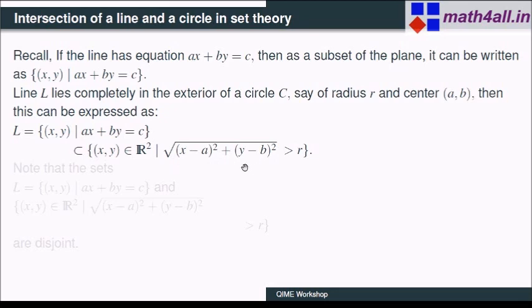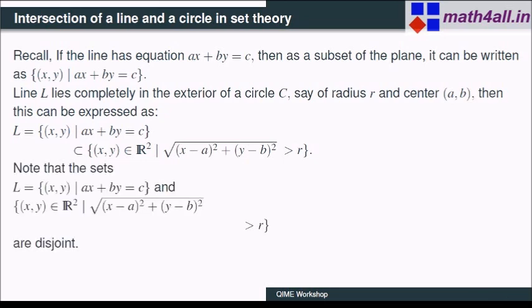Okay, so the line as a set of points is inside or outside of the circle. Another way we can say is that these are two disjoint sets when they don't intersect, right? So in set theory also you can write that a line is outside when the two sets are disjoint.